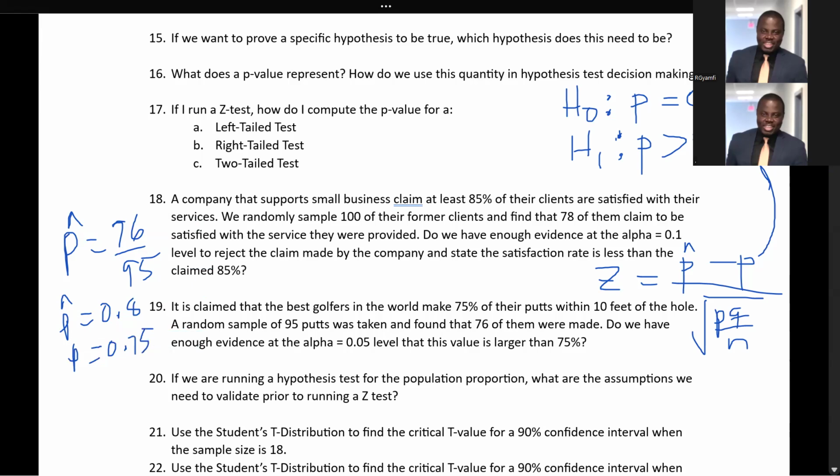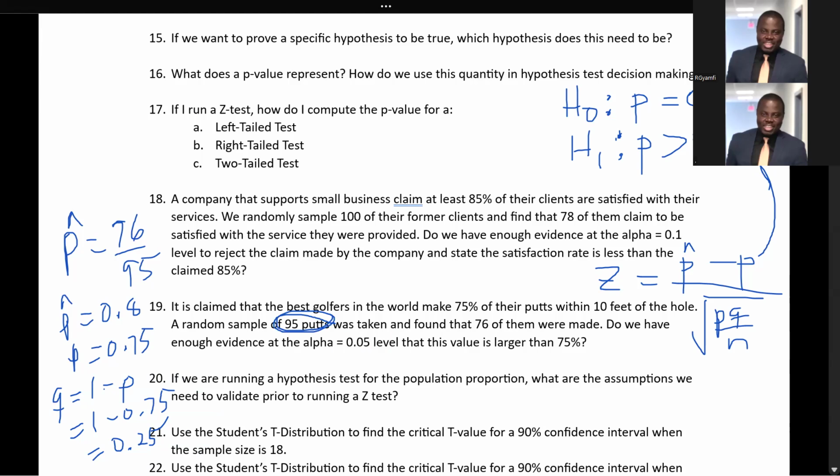Now Q, this is not Q hat. This is Q. So that's going to be 1 minus P. And Q, that is also on the formula sheet. So 1 minus 0.75, that gives you 0.25. Oh, so we've got our Q. And then our N is going to be the 95.